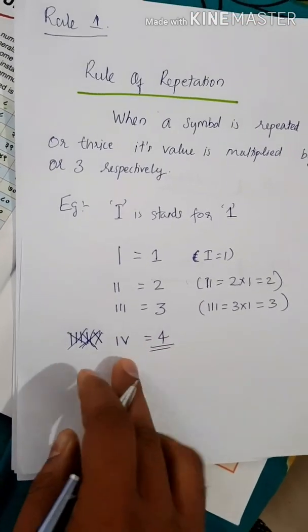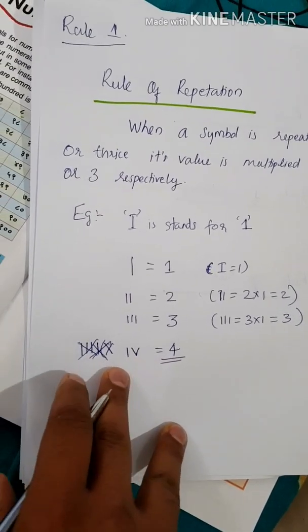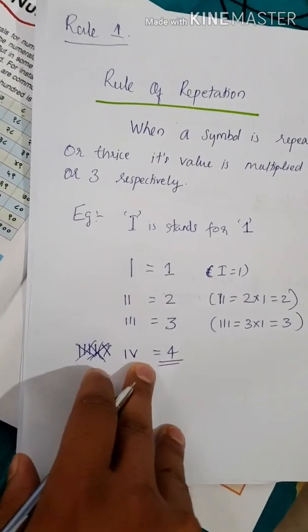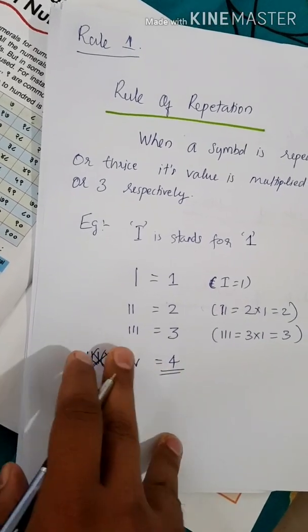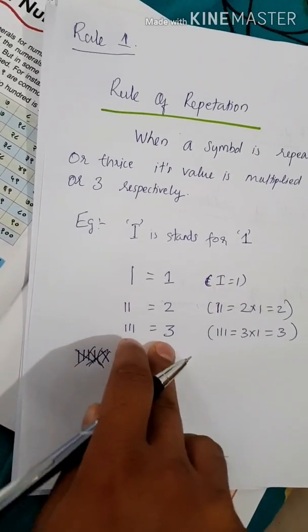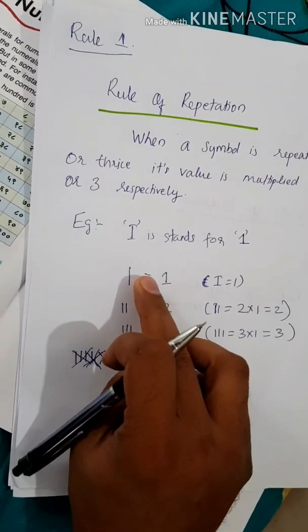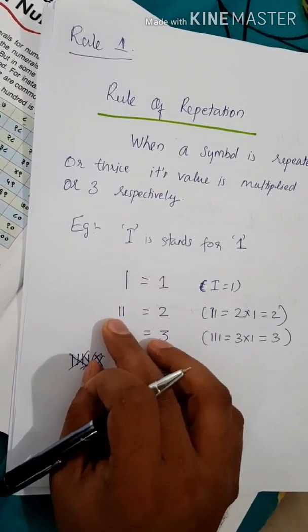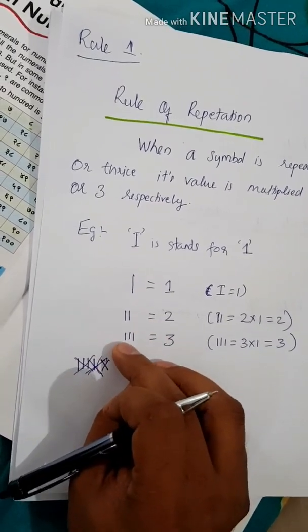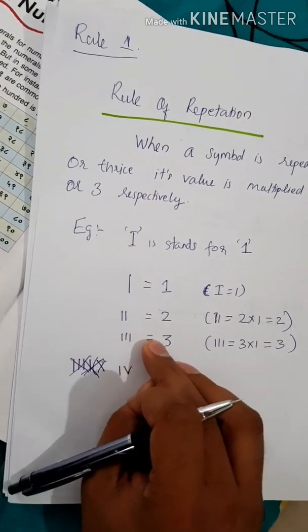About this we can study in the third rule. Don't worry. Okay, up to 3 we studied now. 1 we can write I, 2 is II and 3 is III.